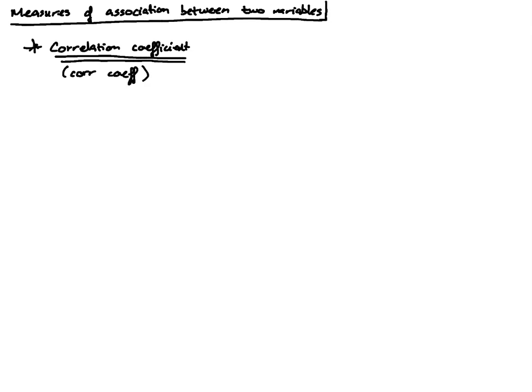That should be understood as correlation coefficient. Okay. So the correlation coefficient measures the linear relationship between two variables.